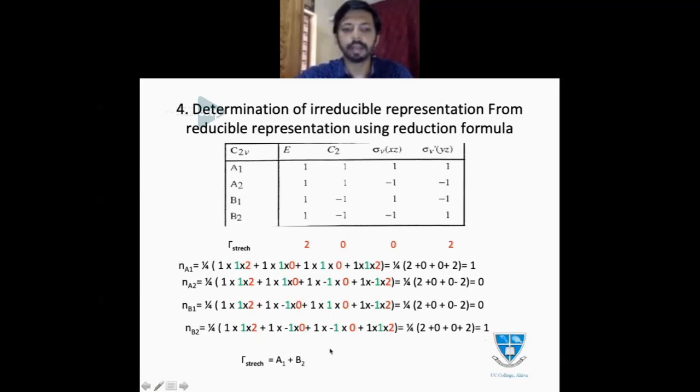So finally, the stretching modes will be A1 and B2. We are directly obtaining the vibrational modes from the internal coordinate method, which is simpler than the Cartesian coordinate method. One is an A1 vibration and another is a B2 vibration. A1 means symmetric stretching and B2 is asymmetric stretching.